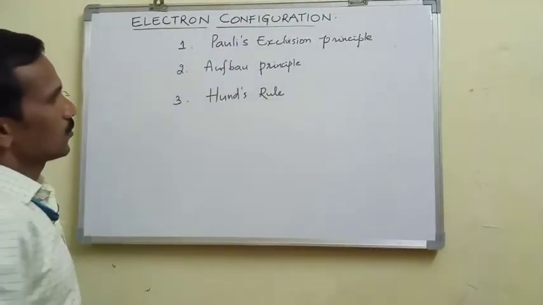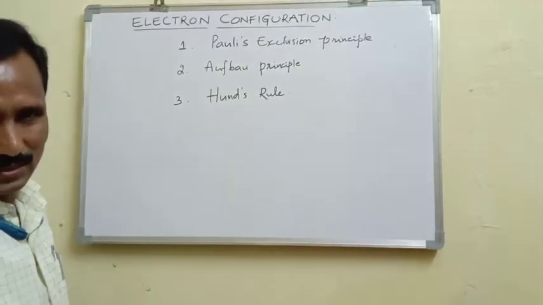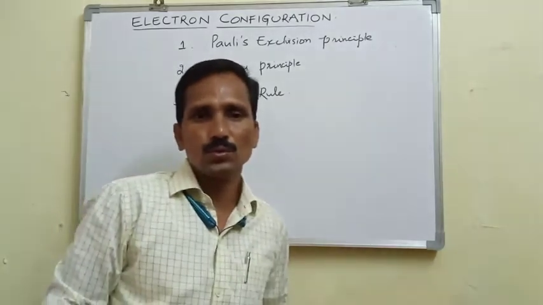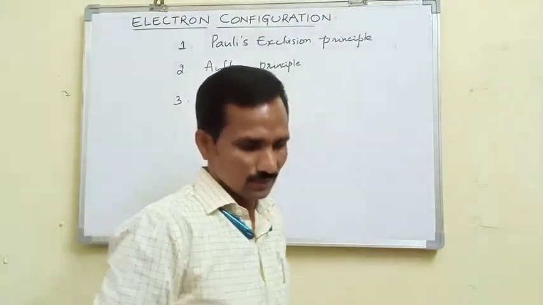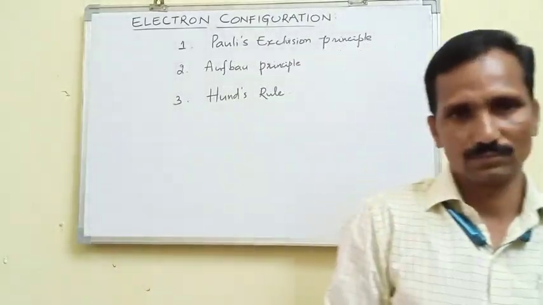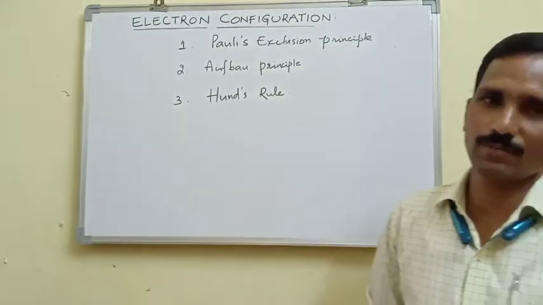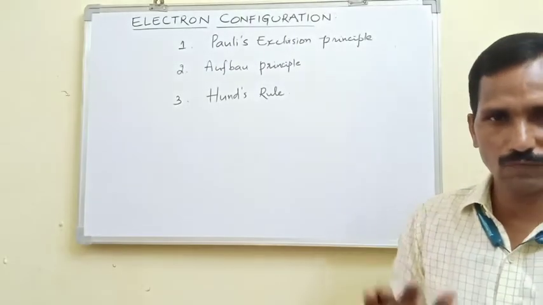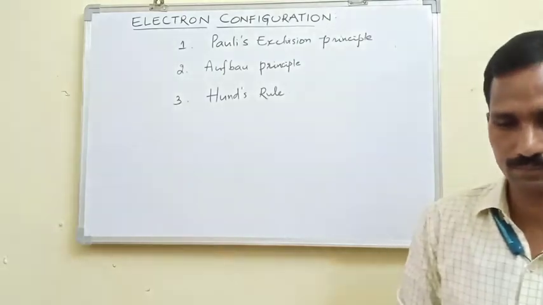Pauli's exclusion principle states that no 2 electrons of the same atom can have all 4 quantum numbers the same.